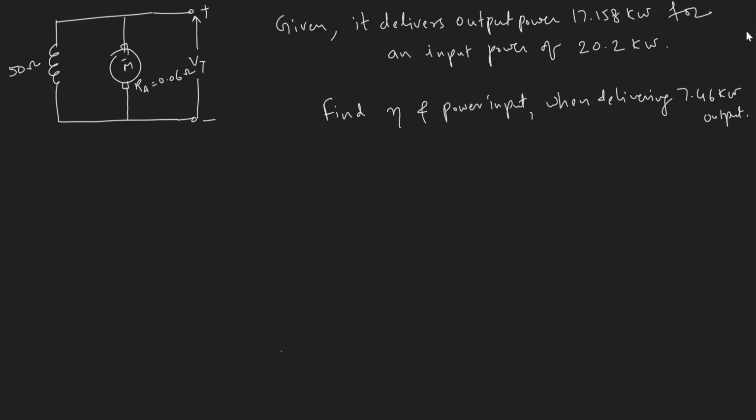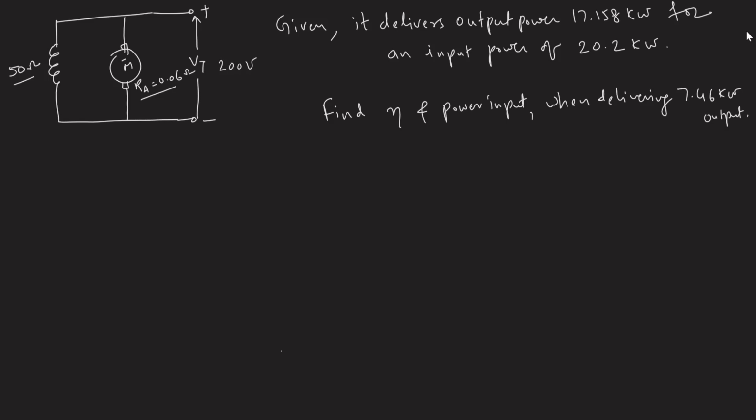So this problem consists of a shunt motor having a field resistance of 50 ohms and armature resistance of 0.06 ohms, and it is fed from a 200 volts supply.